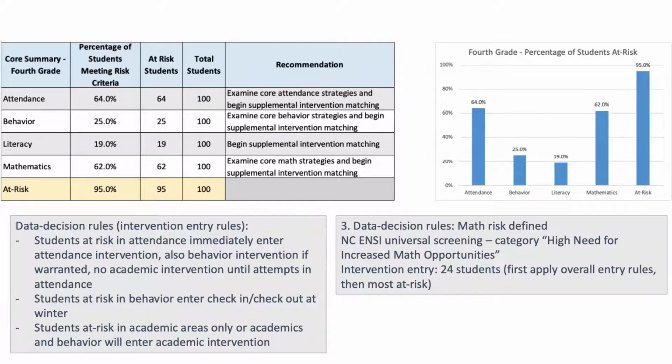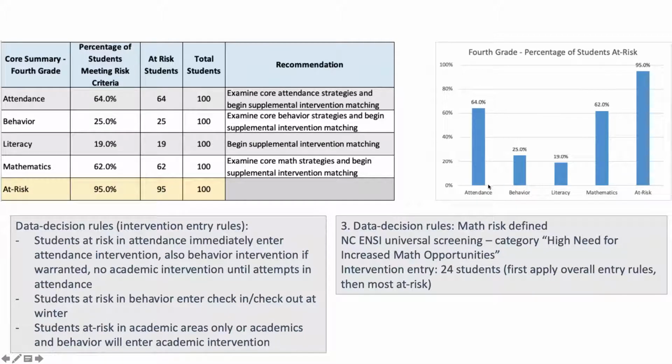So when we think about our next step for the work, an example of step 5 is a school leadership team might review this data. The leadership team would review this aggregate data for 4th grade along with other grade levels. Just a quick note of what we see here is that we see 95% of students exhibiting at least one risk factor in this grade level.